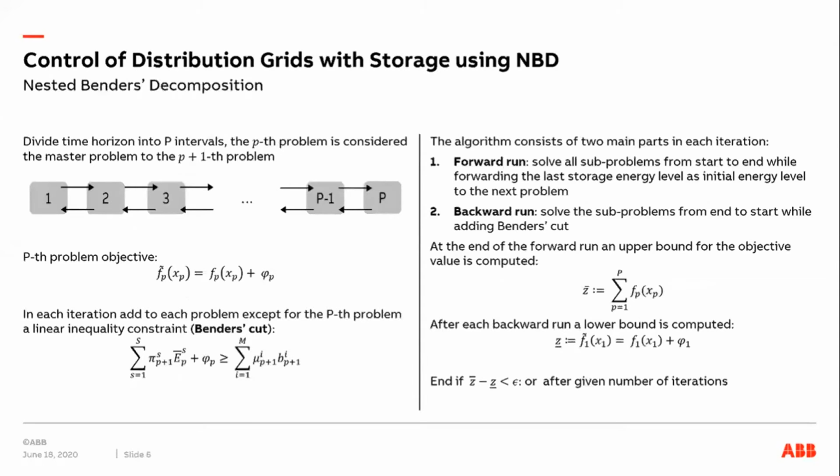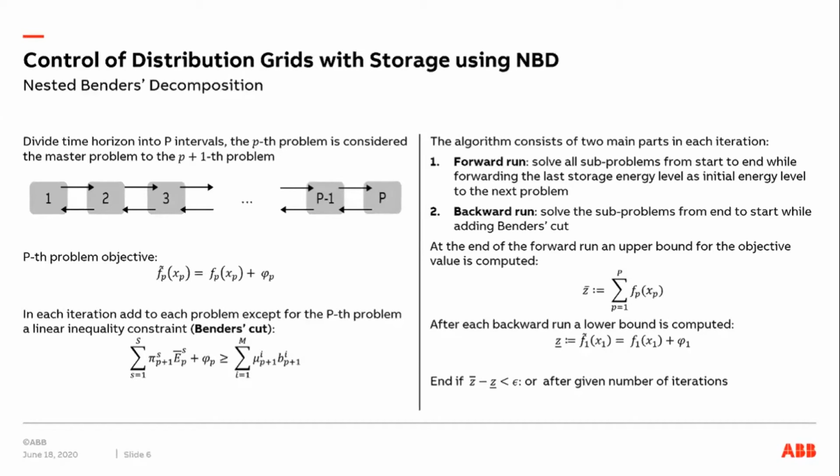In order to apply the nested Benders decomposition, the time horizon is divided into P intervals, where the P+1 interval is considered as the slave problem of the P problem, or the other way around, the P problem is considered as the master problem of the P+1 problem.